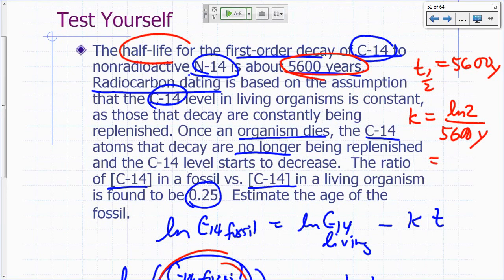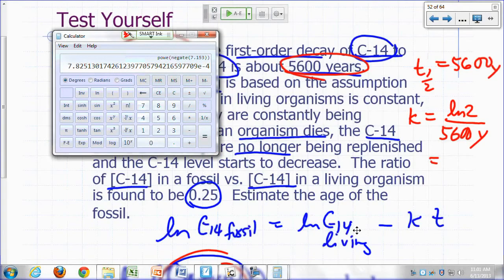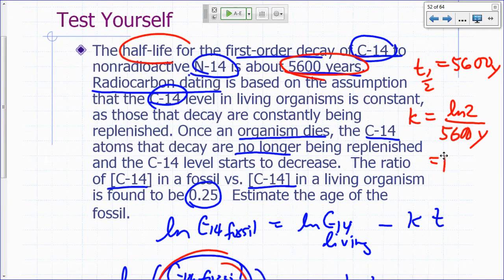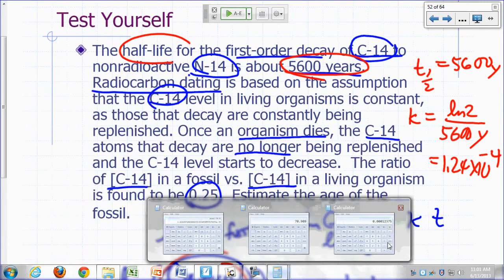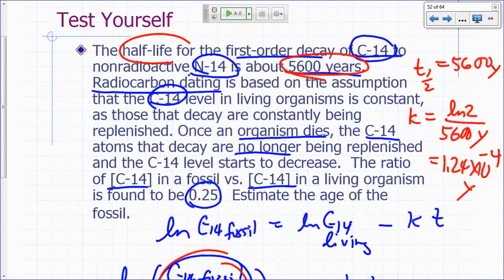That's 0.693 divided by 5,600, which is 1.2375, so 1.24 times 10 to the negative 4 per year.